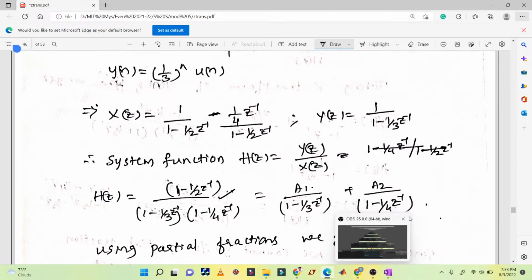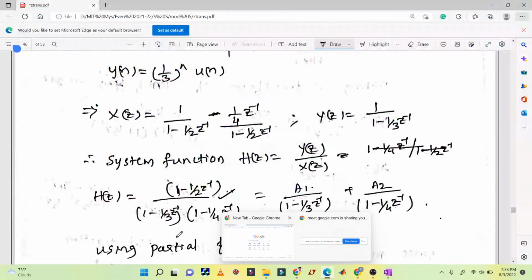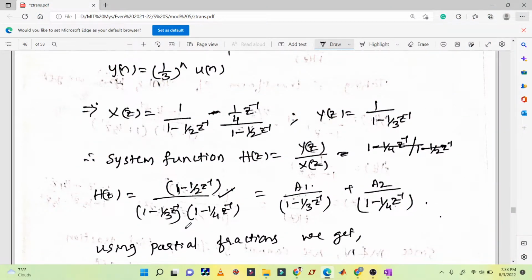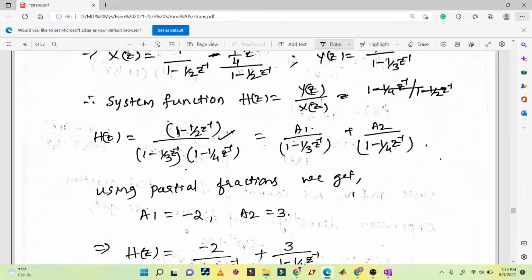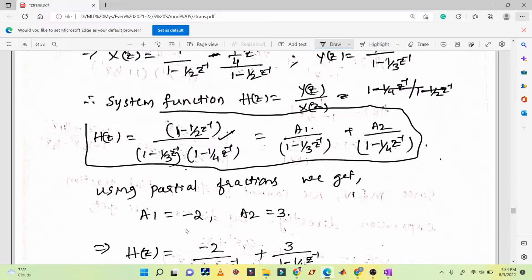And again the normal procedure continues to find a1 and a2. I'm not going to solve that, I just wanted to bring it to this point. Same partial fractions we have already studied.